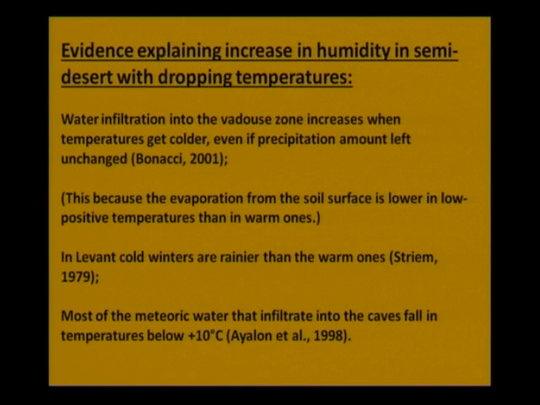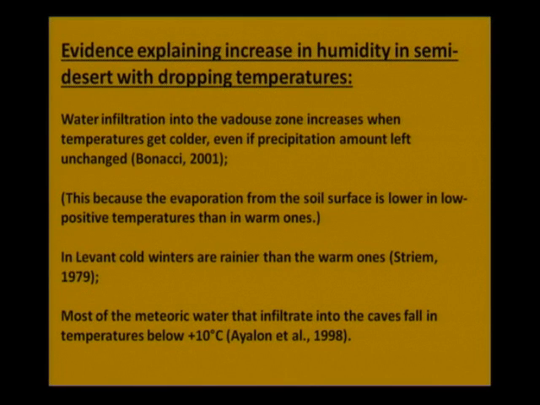What he found is that during the winter, when the temperature was +3, you get out with the river almost all the water that falls on the mountain. So 95 or 98% of the water infiltrates. Almost all the water in the winter remains in the system.